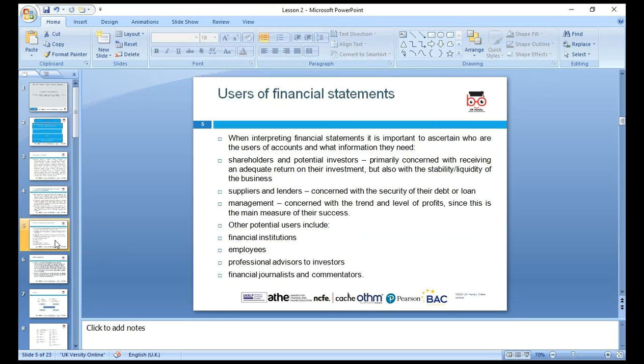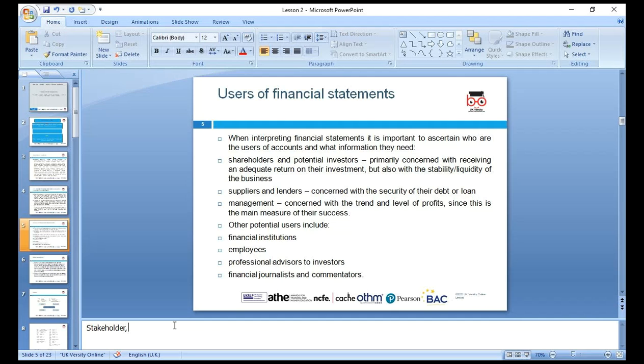Okay, next we're looking at the use of financial statements, the users of financial statements. Different users: employees can use it, suppliers can use it. Those are the stakeholders. What is meant by stakeholders? Anybody who has an interest in the business. That can be suppliers, management, shareholders, staff. Excellent.